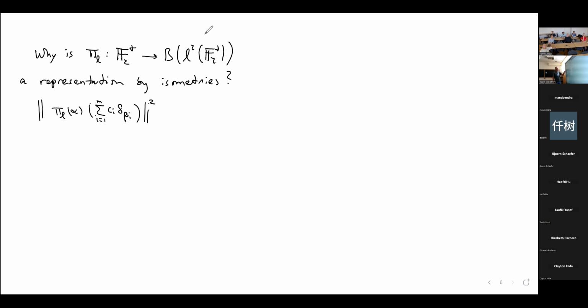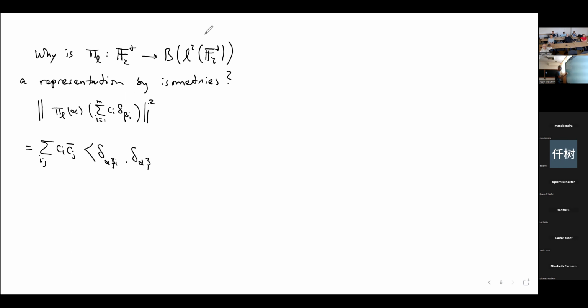Now we know that the representation just multiplies each beta_i by alpha. Then we'll write it using the inner product and use the Hermitian property to expand it out, and we get the sum over i and j of c_i, c_j conjugate, inner product of the basis element at alpha beta_i with the basis element at alpha beta_j.